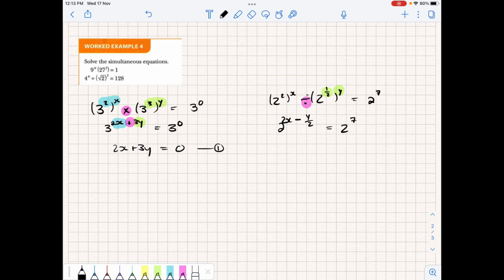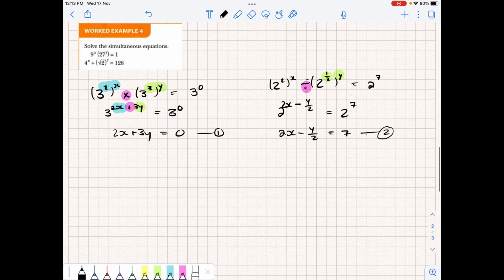So once again, the bases are the same, so I can equate the exponents. So I'll get 2x minus y over 2 equal to 7. There's my second equation. Now, from here, these are just two linear simultaneous equations, so we can solve them normally, either substitution or elimination.